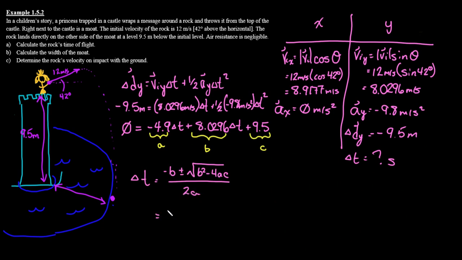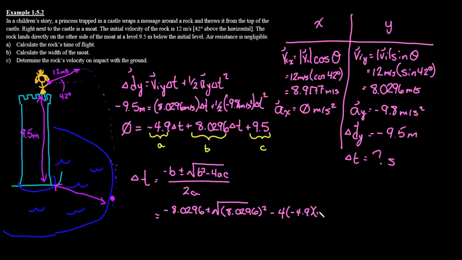So we get negative 8.0296 plus or minus the square root of 8.0296 squared minus 4 times negative 4.9 times 9.5.